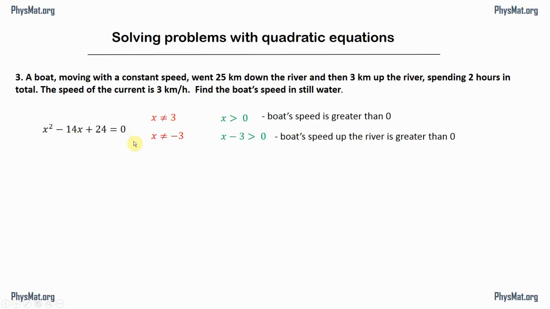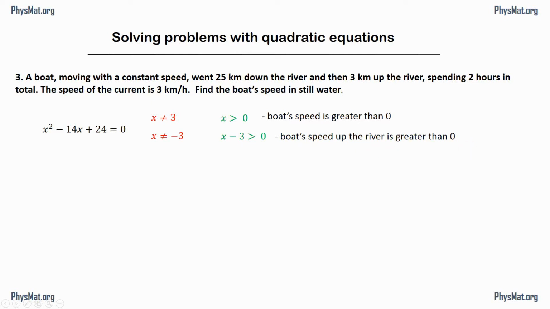Again, this is our equation, this is our condition that x is not equal to 3 and to minus 3. But we have an extra condition from the physical meaning of our problem. Because x is a boat speed, it obviously should be greater than 0. So in case we get a solution of x equal to minus 3, we will throw it away anyway. Another condition is that the boat speed up the river is greater than 0.